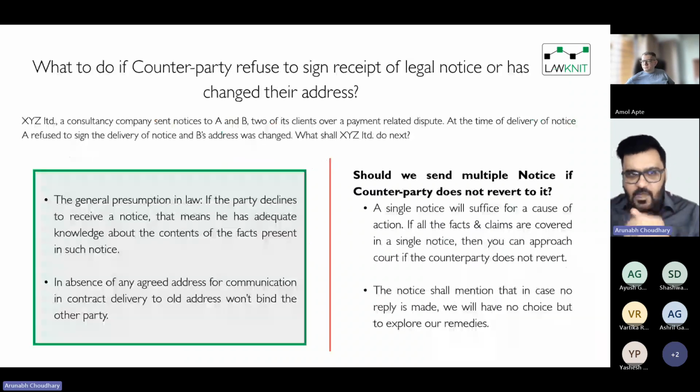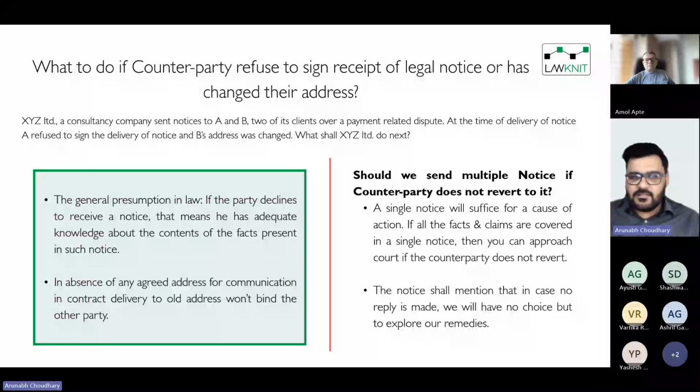Now, coming to the other thing, which we discussed last time also from the other side: if a counterparty refuses to sign or accept the legal notice or a change in address. Technically, if they don't sign it or don't accept it, there is a presumption that it was delivered to you and you have the understanding of that particular notice.